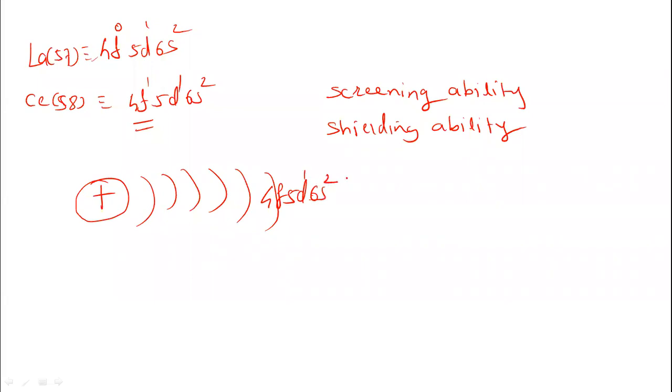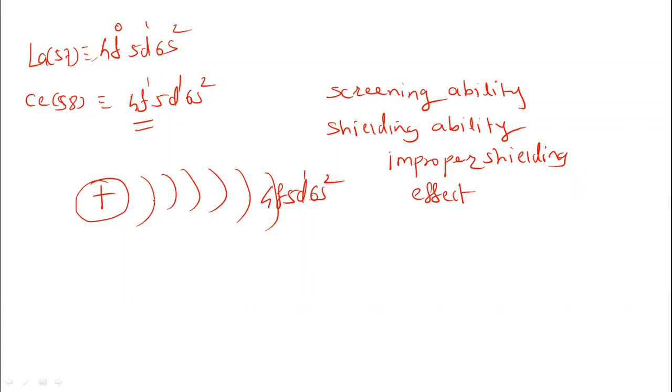So in this case, the 4f orbital shows an improper shielding effect. It means it does not stop the effective nuclear charge of the nucleus.